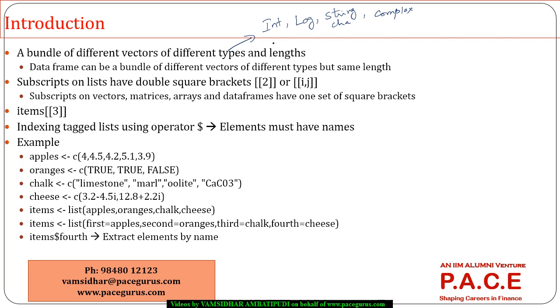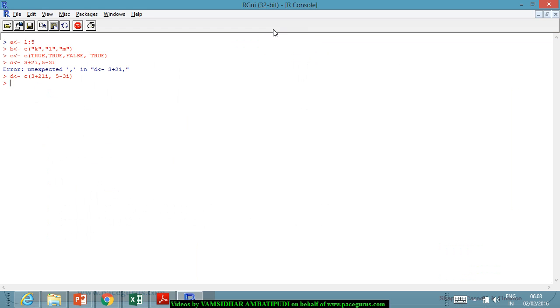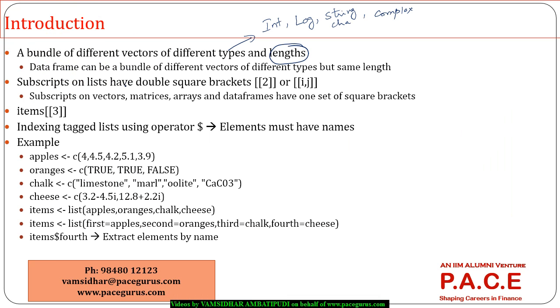Now there are different types and even different lengths: 2, 3, 4, 5. I can bundle all of them into a list. So I'll create something called items where I am bundling these 4 into a list: A, B, C, D. All these 4 I am calling a list. That's a simple way of defining the list.